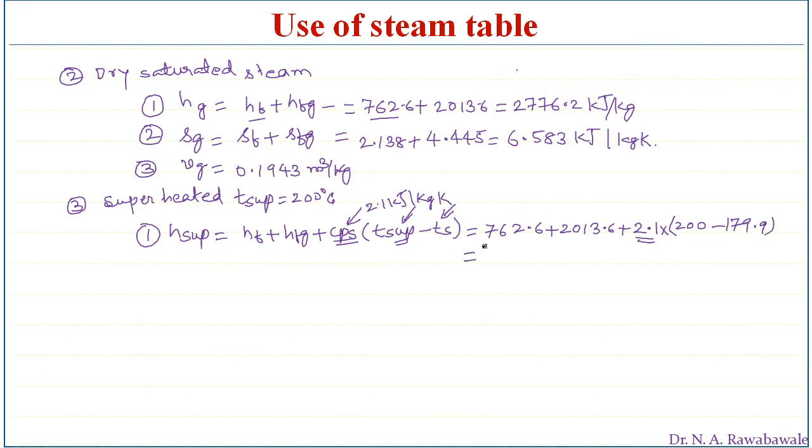On simplification, we get enthalpy of superheated steam as 2818 kilojoules per kg.